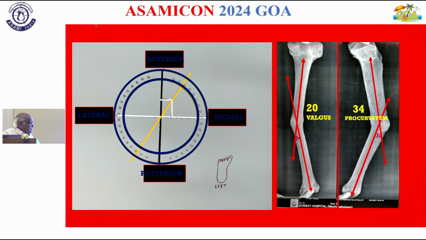Take one ring which you are going to use, and put it on the paper. Then you know that the posterolateral third hole is the point which you are going to fix.